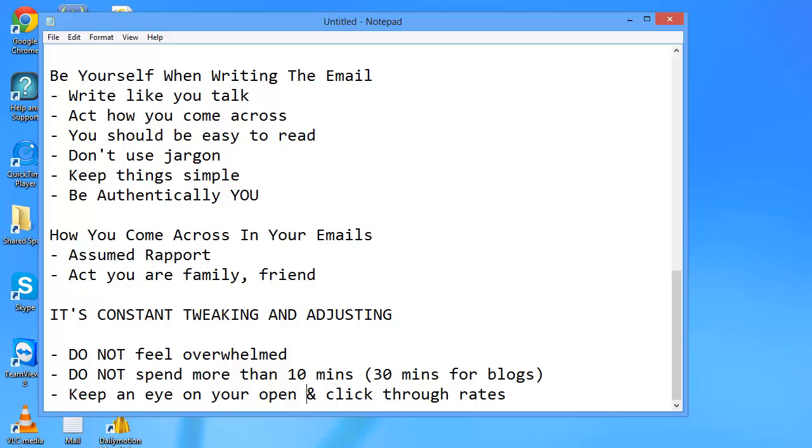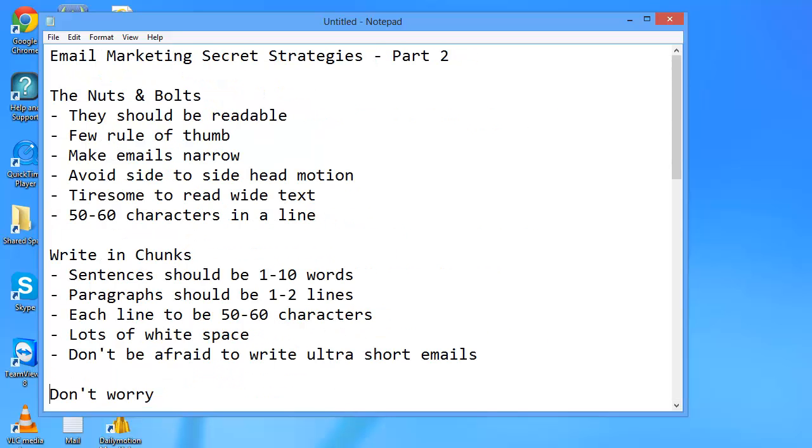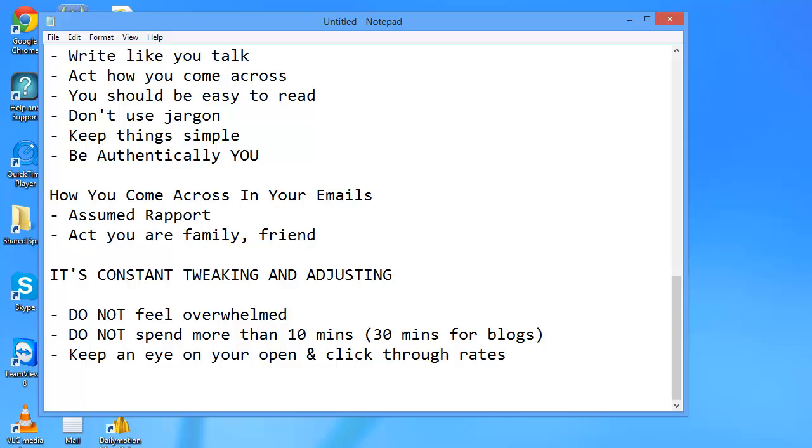You can check the open rates and click through rates. If the open rate is bad, you have to work on your subject line. If the click through rate is bad, then you have to work on your body copy, right, my friend? So these are the things, and I think I have covered almost everything that you need to begin your email marketing. And I would just finish this series here now.